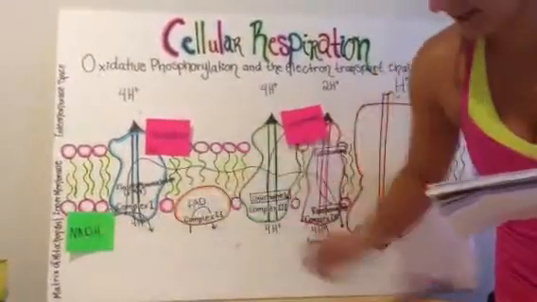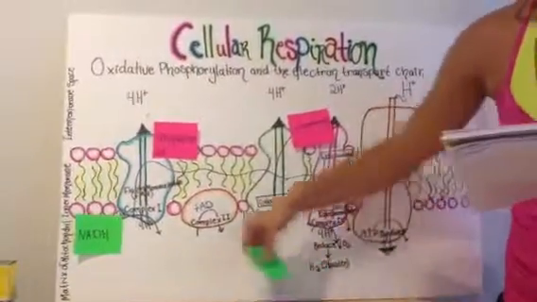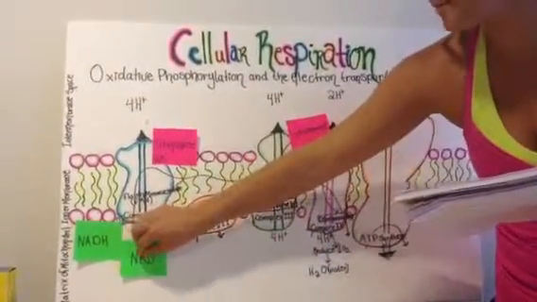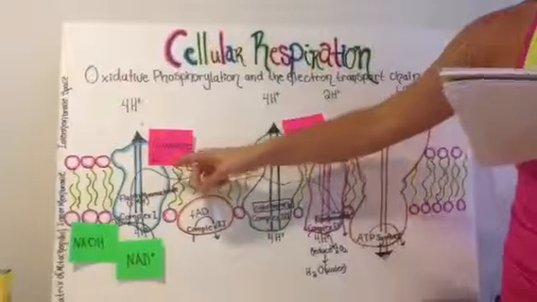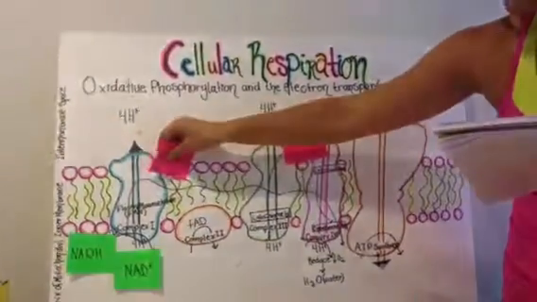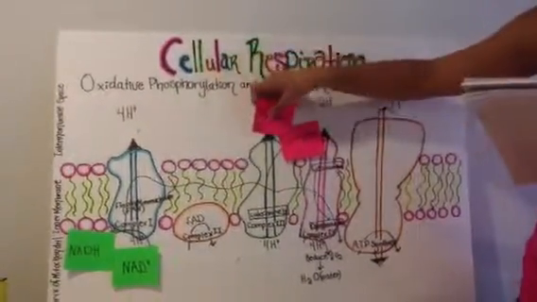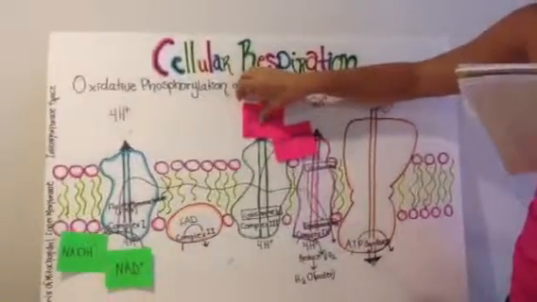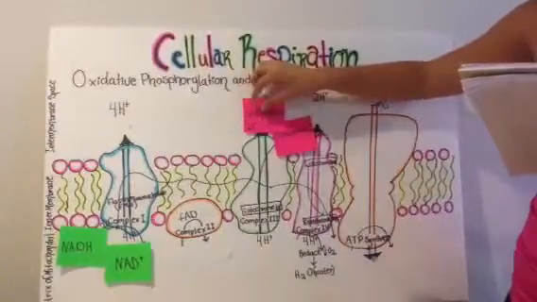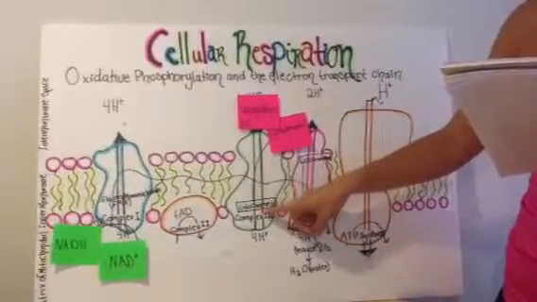Then NADH is oxidized to NAD+. Ubiquinone takes the 2 electrons and moves them to complex number 3, and then reduces them into cytochrome B.